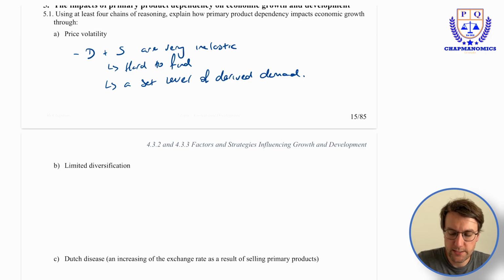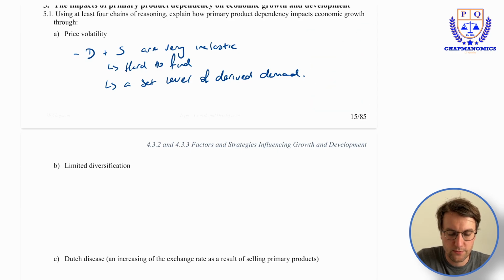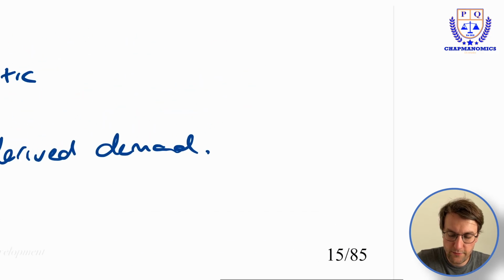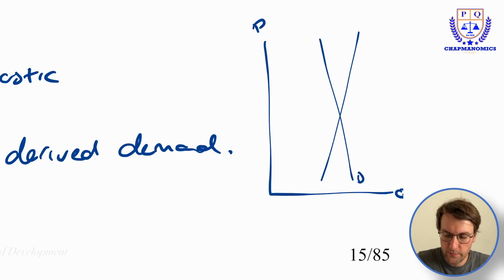And therefore, when these two things come together, if we think about our supply and demand models, here's our S, here's our D. I'll draw this out properly. If we have very inelastic demand and very inelastic supply, there's our demand, there's our supply. If we change supply even ever so slightly, here's our Q1, here's our Q2, look at the jump in the price.